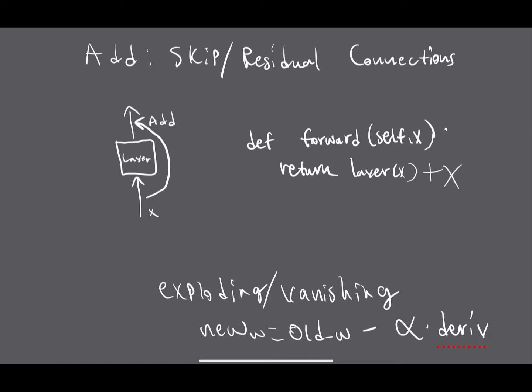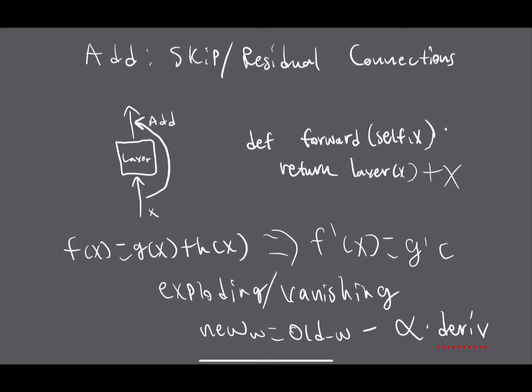Because if we recall from calculus, if you have some function f of x, and it's just the sum of two other functions, g of x plus h of x, when you're actually taking the derivative, you can just say that f prime of x is g prime of x plus h prime of x. So when the model is calculating all the derivatives, when we call loss.backward in PyTorch, the model will actually have an additive term when calculating the necessary gradients for this layer.